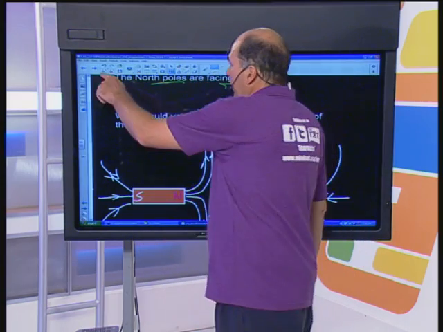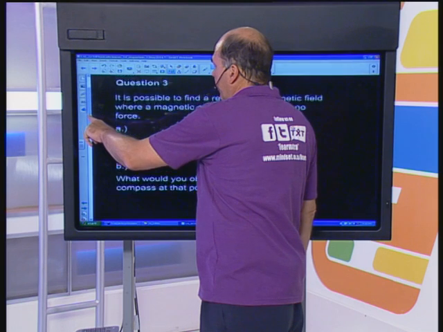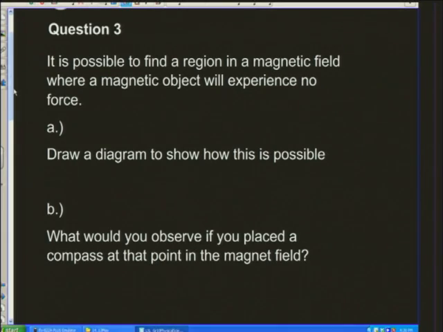Okay, now let's have a look at the third question. And I've almost answered it by my drawing. It says, it is possible to find a region in a magnetic field where a magnetic object will experience no force. So draw a diagram to show how this is possible.